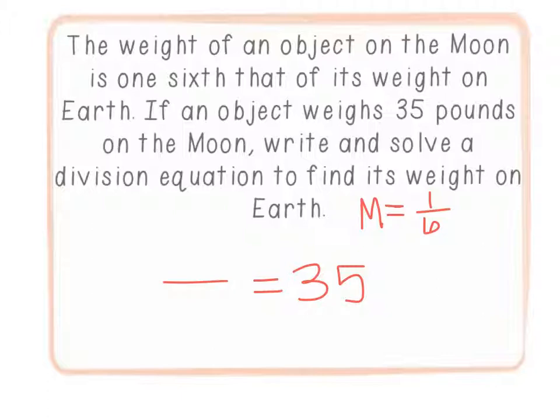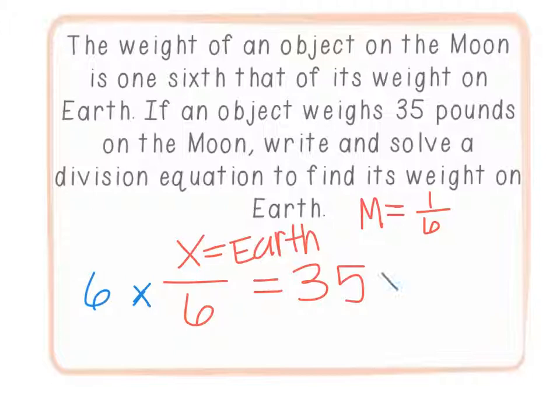So I'm going to do x divided by 6. Because I know that on Earth it weighs so much. So my x equals how much it weighs on Earth. And if I divide that by 6, or 1/6 of that, would give me 35. So I'm going to solve this by multiplying by 6. I have to undo. So times 6, times 6.